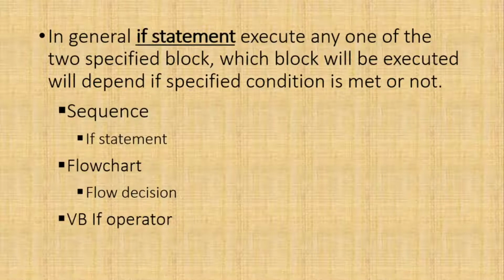If we are using flowchart, then apart from if statement, we can use flow decision to perform such operations. We have one more option, that is Visual Basic if operator, that can be used in UiPath to perform the same operation.